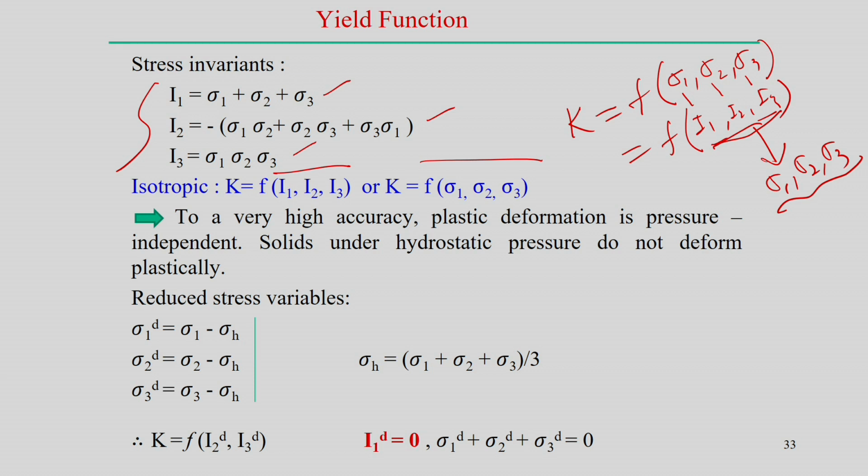Now, for plastic deformation, we have already discussed that the stress components can be decomposed into two parts: the hydrostatic stress component and the deviatoric stress component. The hydrostatic stress component has no influence on plastic deformation. Since yielding does not depend on the hydrostatic component, we can separate it out from the original stress state, because yielding depends only on the deviatoric stress component.